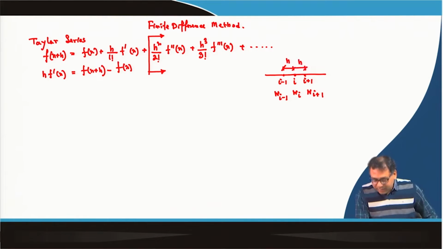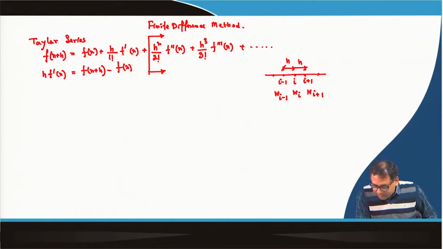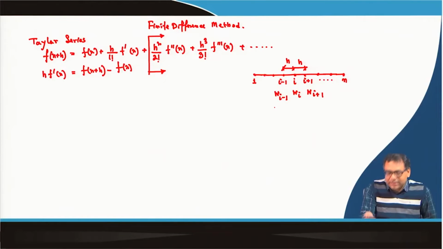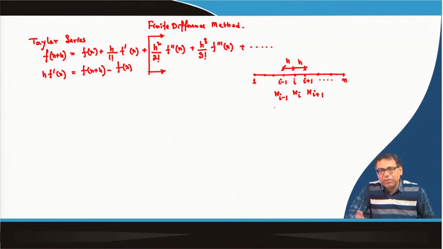So, we have divided the beam into a number of nodes and each node has its name: the ith node, i plus 1, and so on. The last node will be the nth node and the first node will be the first node. When you apply the load there will be deflection of each node, which you can write as y, and here the deflection is written as w. So, w i plus 1, w i minus 1, w1 and wn are the deflections of each node.